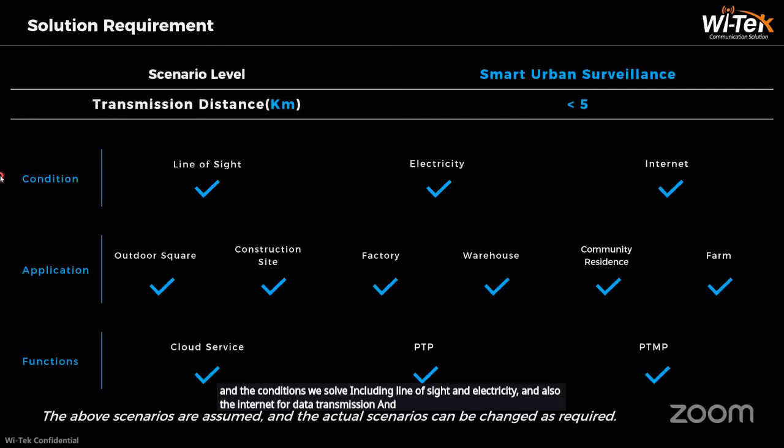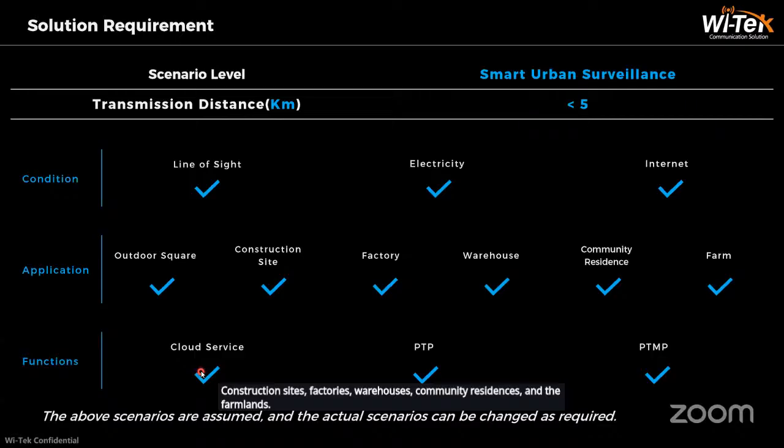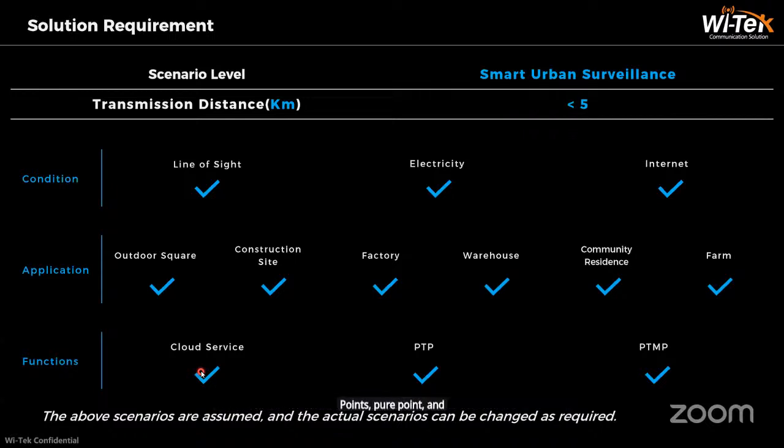As for the applications for this solution, they include outdoor squares, construction sites, factories, warehouses, community residences, and farmlands. As for the functions we apply, they include the cloud service, point-to-point, and point-to-multipoint networking for wireless transmission.